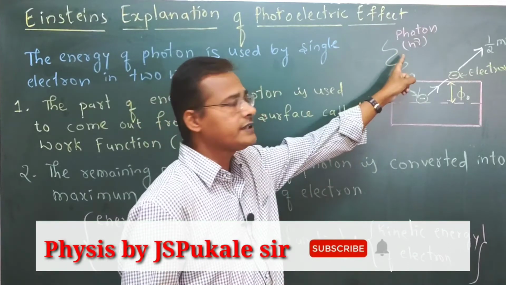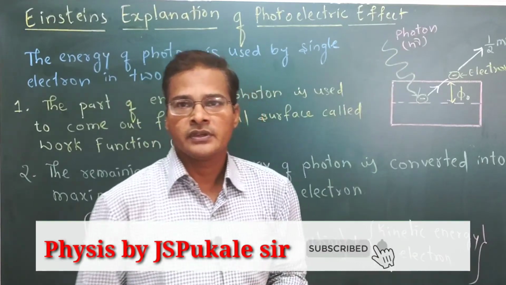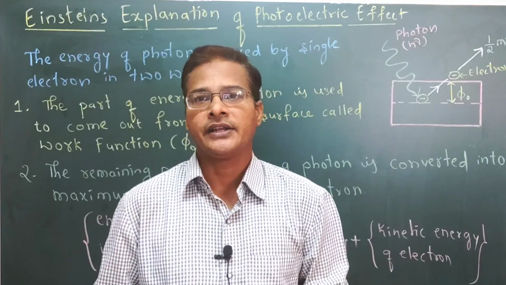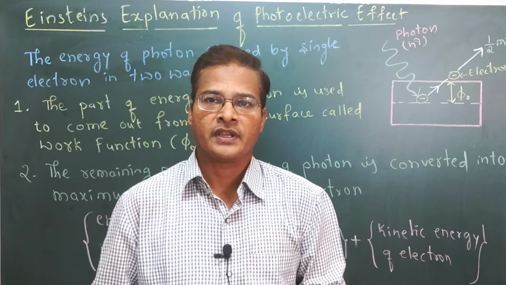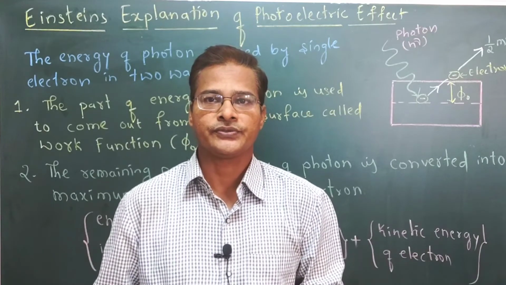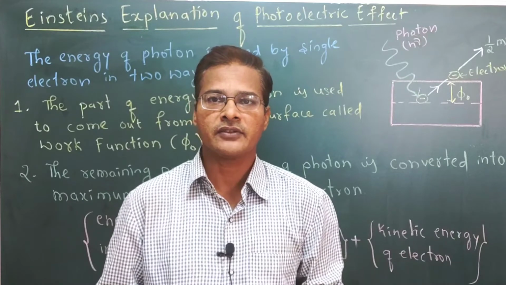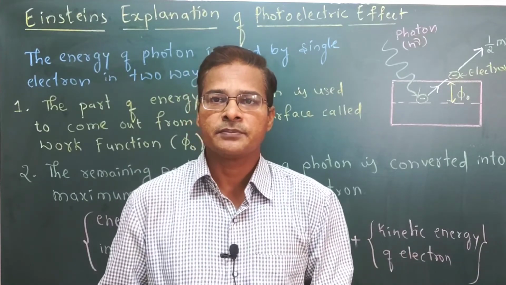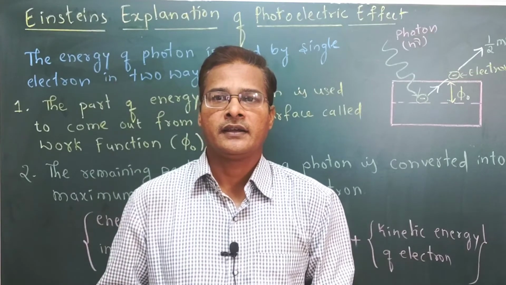So this is E equal to h nu, where h represents Planck's constant and nu is the frequency. The frequency comes under the wave nature. In waves, frequency means the number of oscillations made in 1 second.